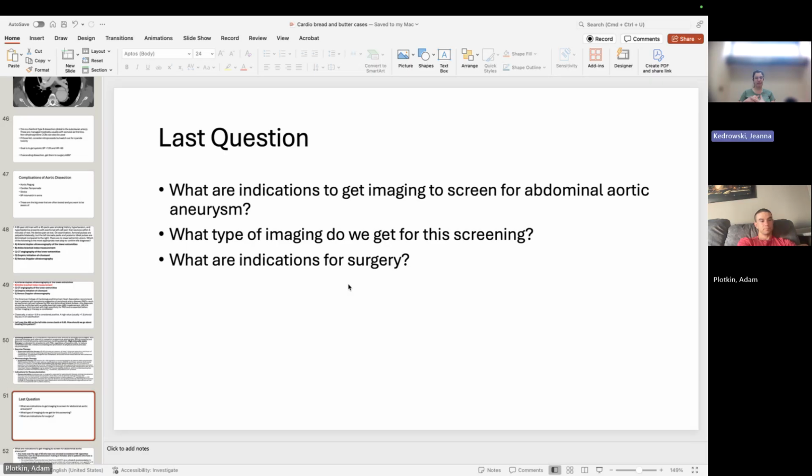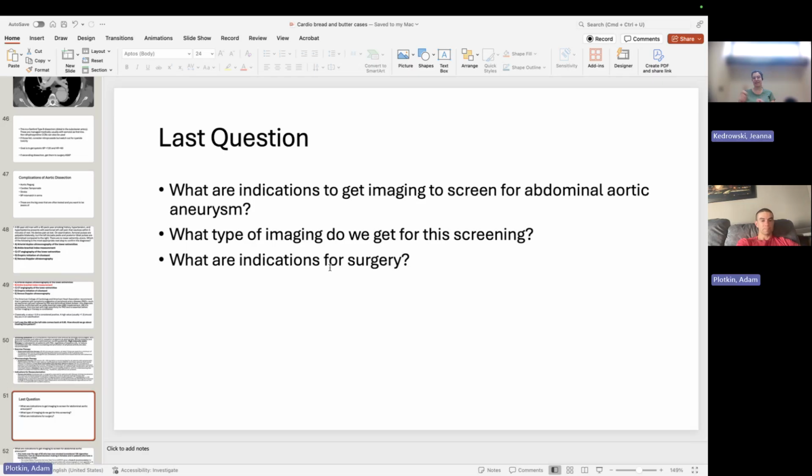Of course, if you do a physical exam and you can feel a palpable pulse in the abdomen, then you should go ahead with imaging, or if you hear a bruit or whatnot. So then it would be an abdominal ultrasound.